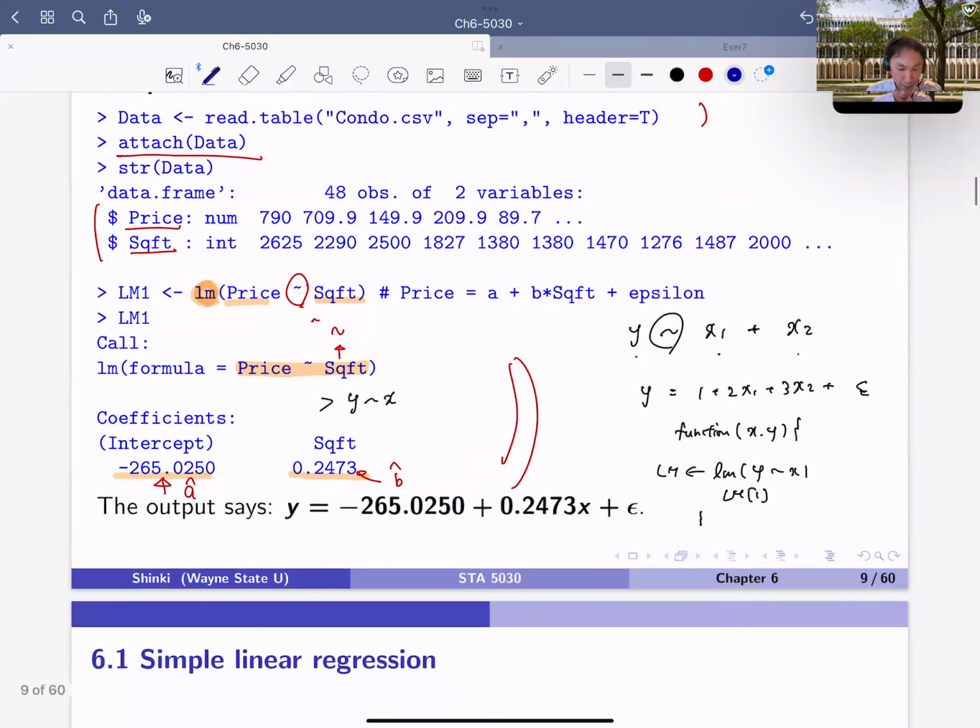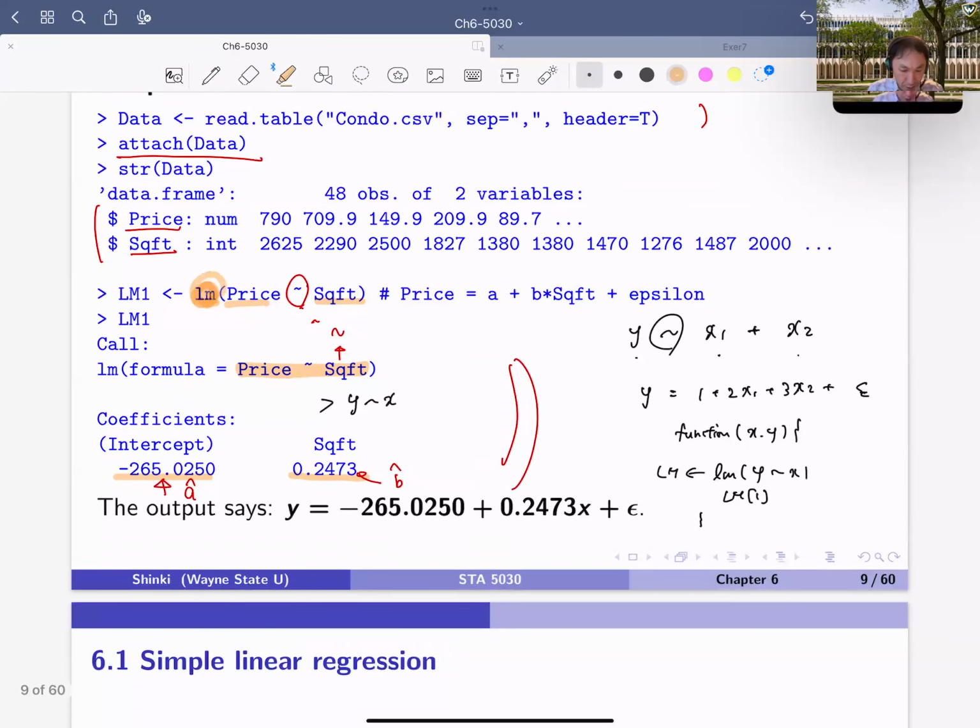And yeah, we can use the LM function to do linear regression. So if price is Y and the square footage of the house is X, then if we want to fit Y on X, that means Y is equal to A plus BX, then we have to use this LM function to fit the data.